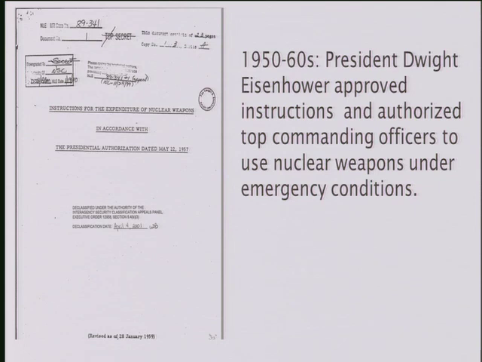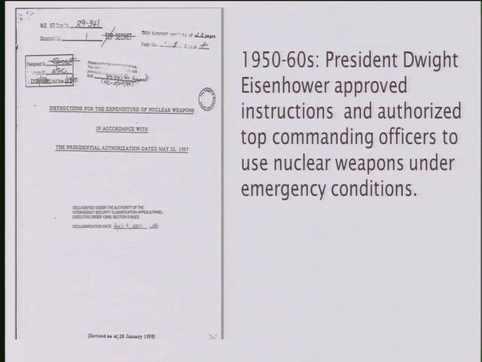And so there were actually instructions put together for how this authority would be delegated and to whom and under what circumstances. Well, the idea was that no one person would have the information to actually push the button.